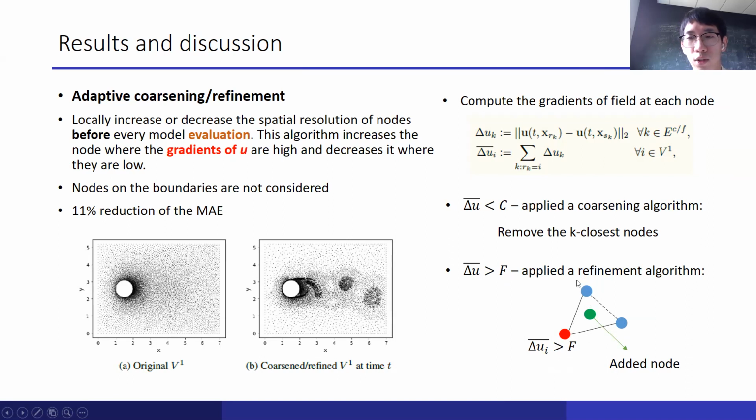So they use this to refine the mesh. And we should note that the nodes on the boundaries are not considered in this technique. And they also claim that by using this technique, we can get an improvement with 11% reduction of the MAE.